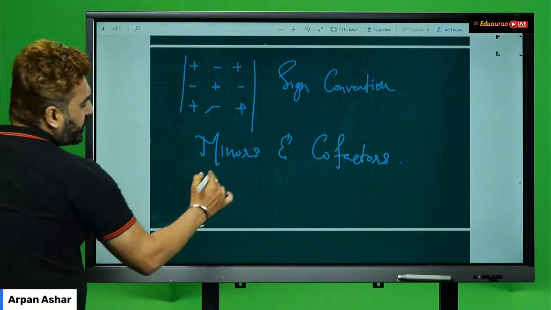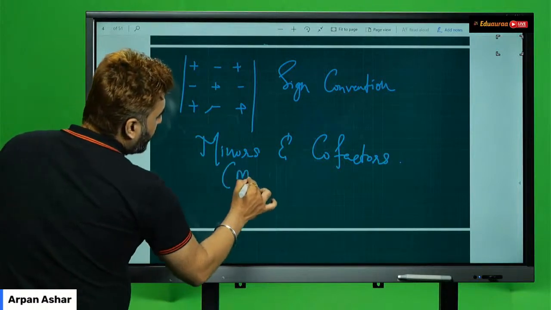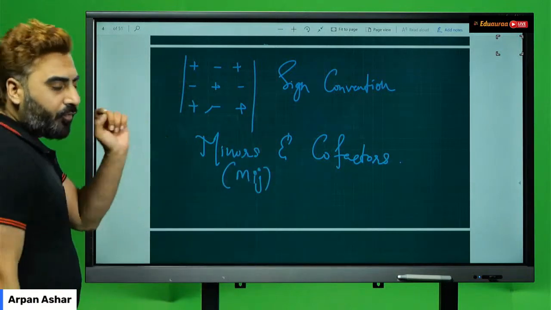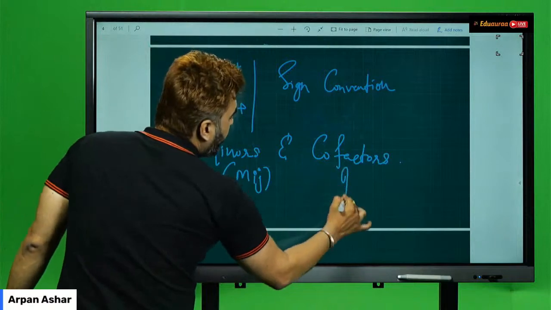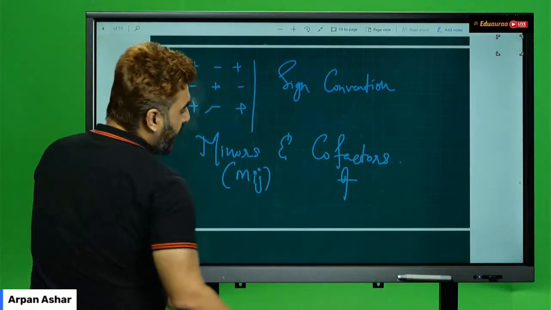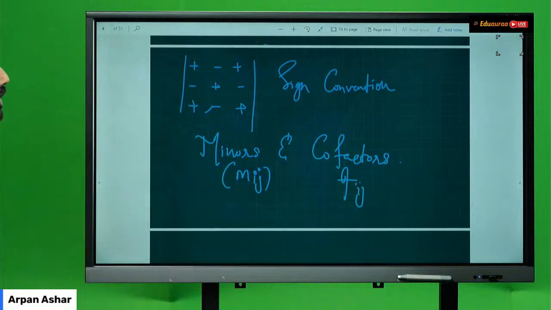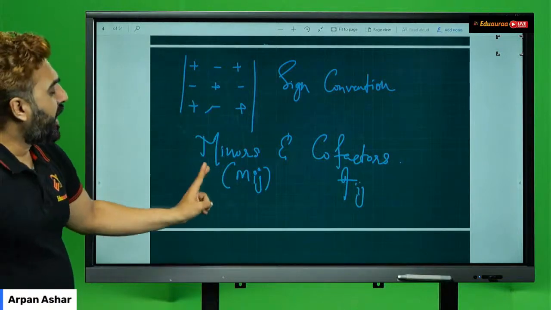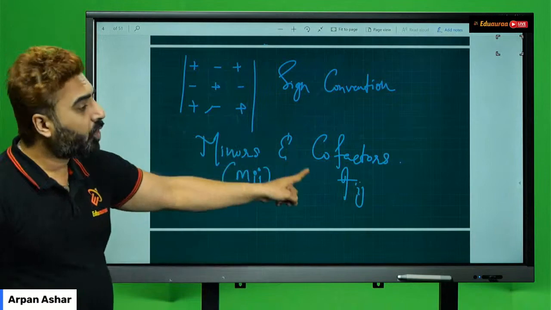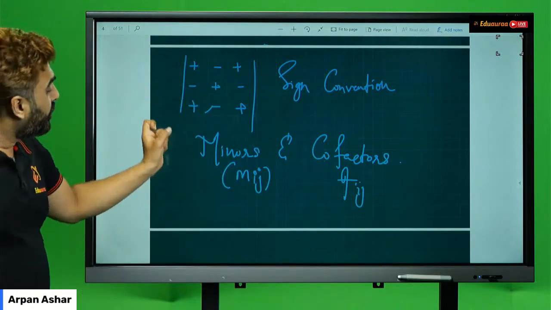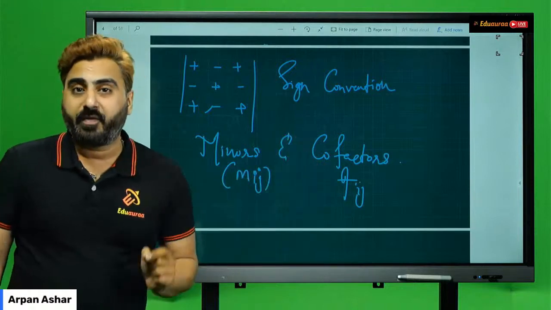Now minors in general we denote with M ij, and cofactors in general we denote it with capital A ij. But remember one thing students, if you want to find cofactors you should find minors. Without minors you cannot find cofactors.